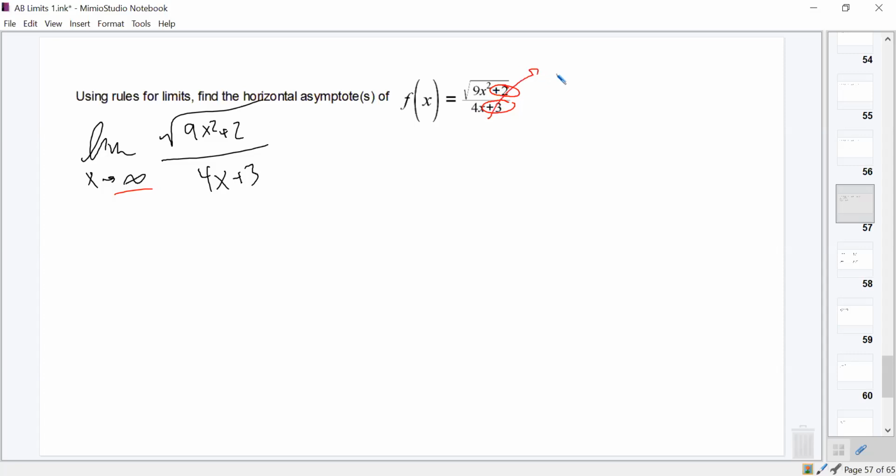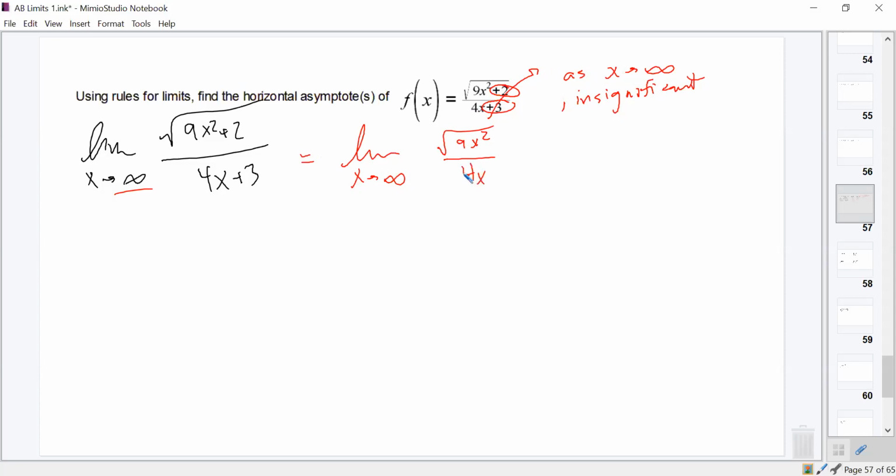So what we're going to do is make a little leap here and say as x approaches infinity, these are insignificant because they become so tiny that they don't even hardly matter. And so we're going to say that this limit should be equal to the limit as x approaches infinity of root 9x squared over 4x.